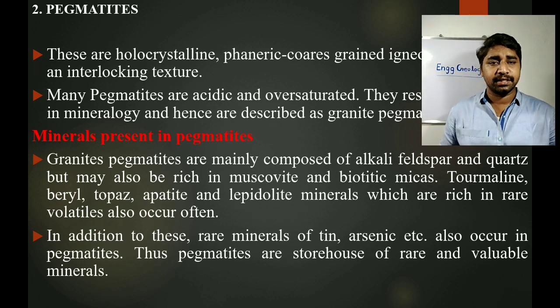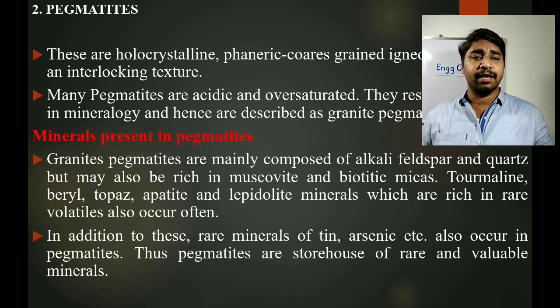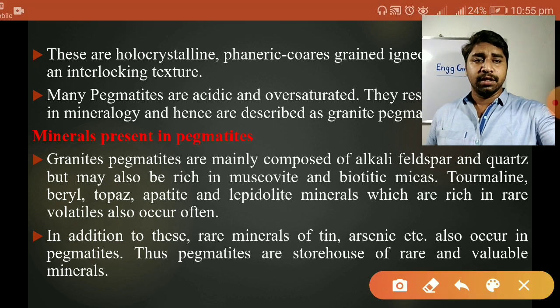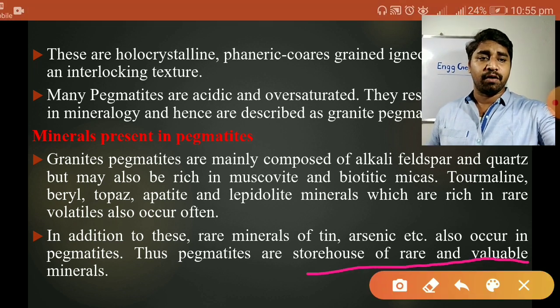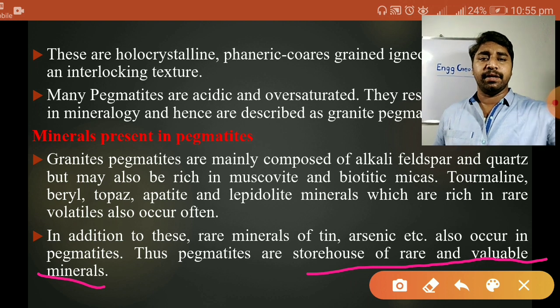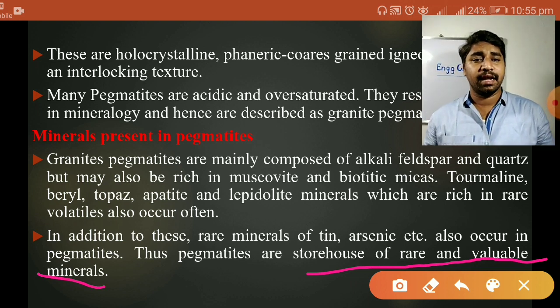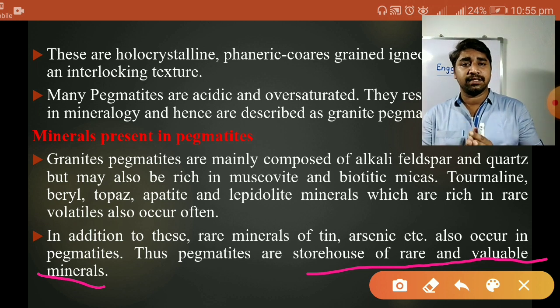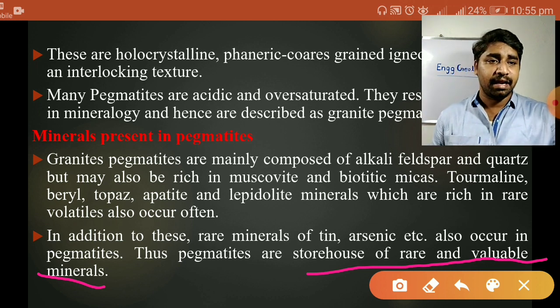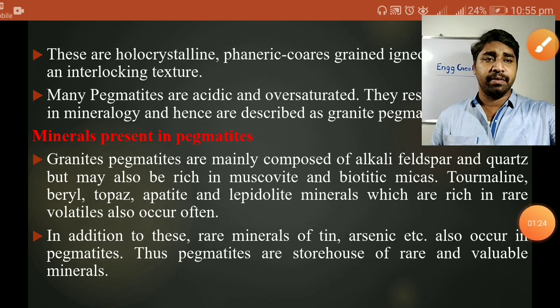So those pegmatites are the storehouse of rare and valuable minerals. This is very important. These pegmatites are the store of rare and valuable minerals. Why? Because valuable and rare minerals are going to be present in these pegmatites, available along with these normal minerals.